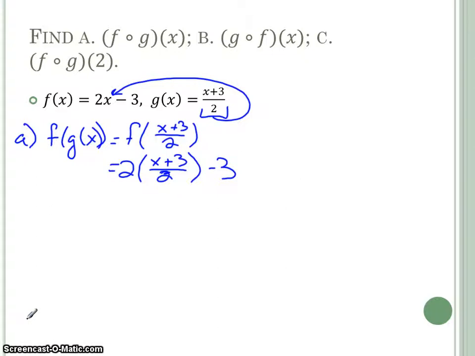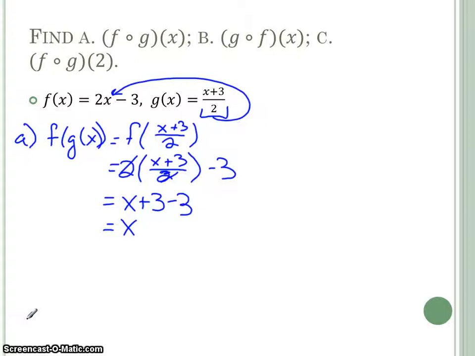Can we cancel the 2's? Yes, because that 2 is being multiplied by that whole top, we can cancel it out. So then we'd have x plus 3 minus 3. So it's just x. See, I told you not all fractions are bad. Most of them aren't.